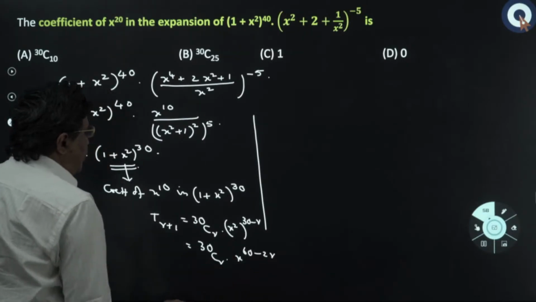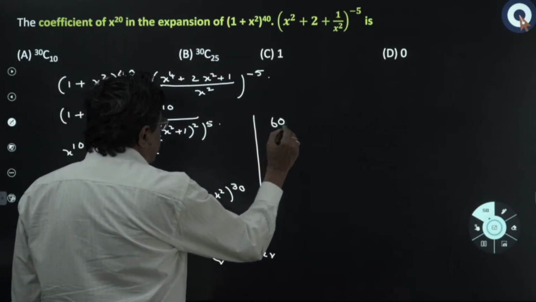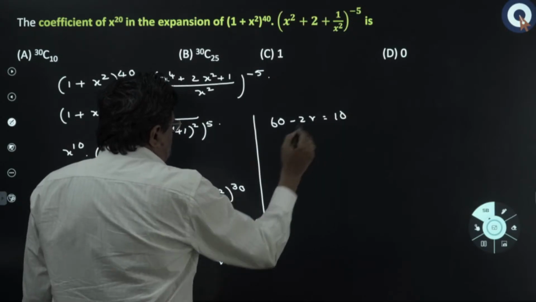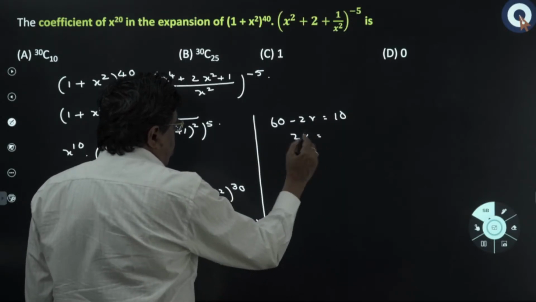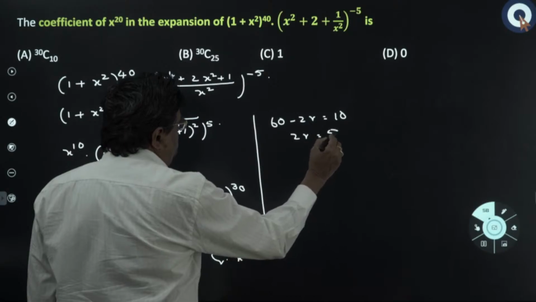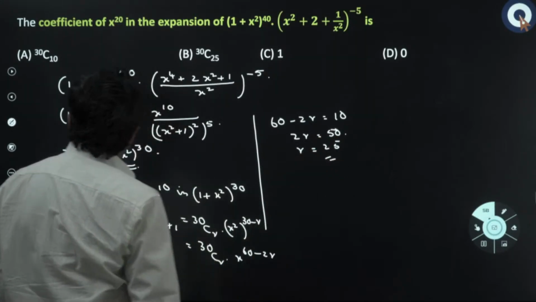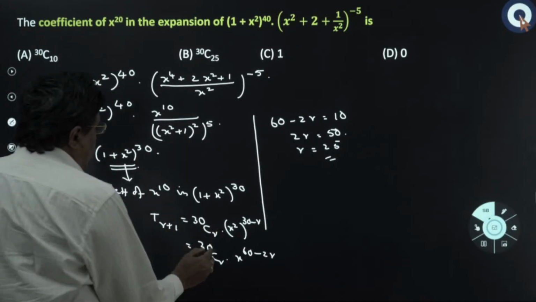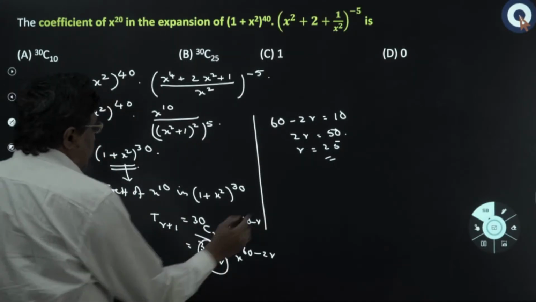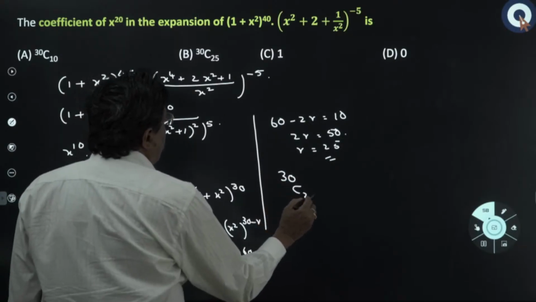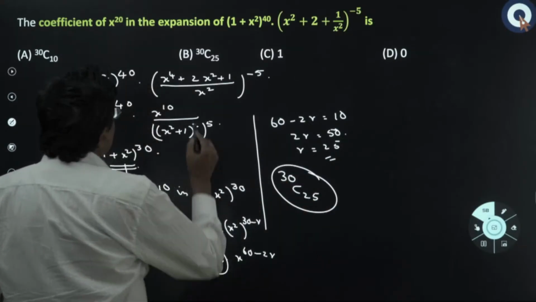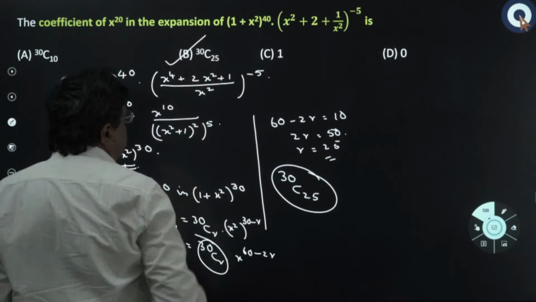This 60 minus 2r should be equal to 10. That means r is equal to 25. So, therefore, basically 30C25 or 30C5, any of that. So, 30C25 is the correct answer.